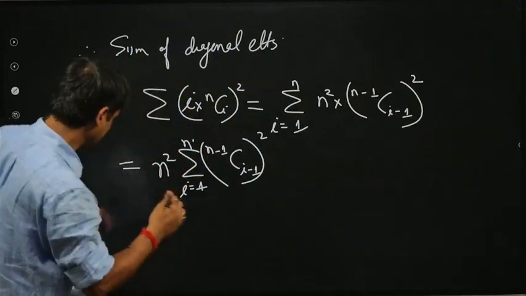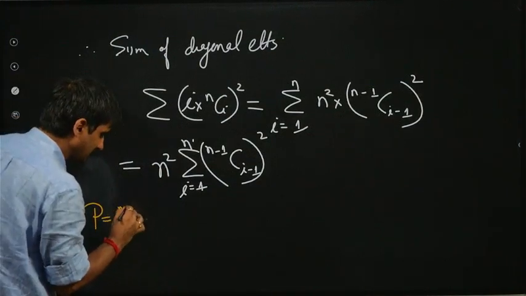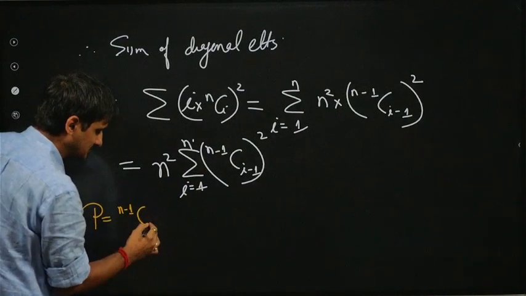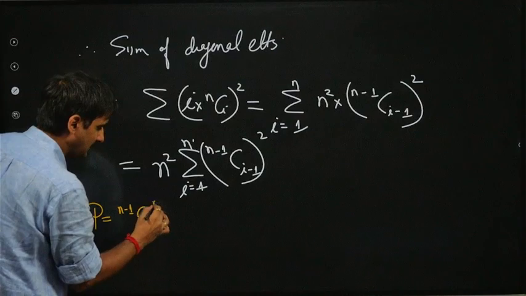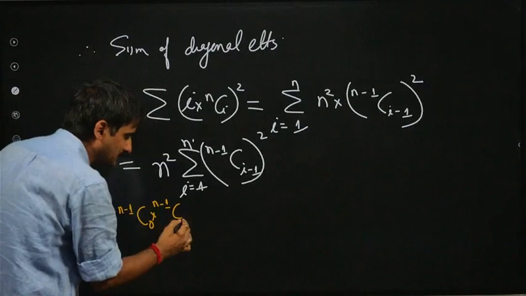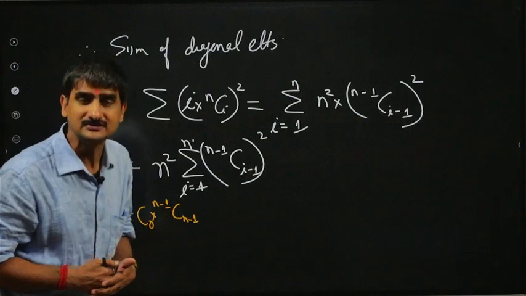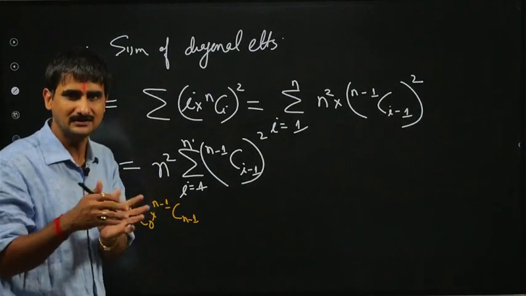For that, if I write that series as p, it is nothing but (n minus 1 C 0) whole square. For i equal to 1, n minus 1 C r is same as n minus 1 C (n minus 1 minus r).